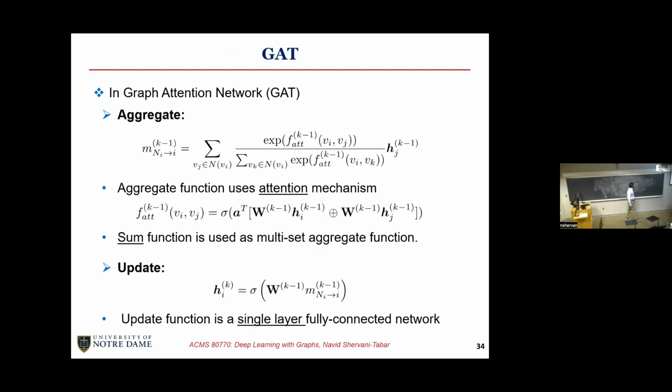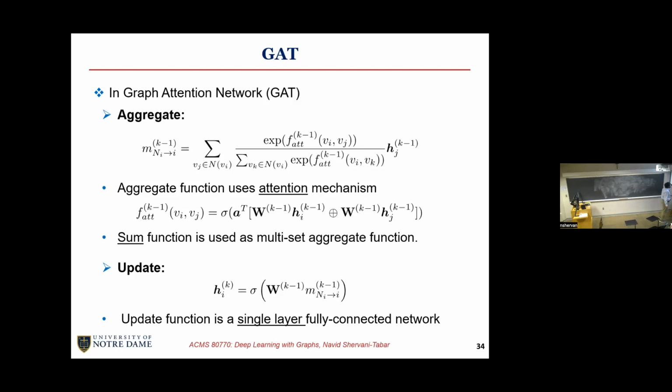Another method is the graph attention network, which introduced the idea of attention in graphs. So the idea is that not all neighbors of your node have the same importance. So it introduces some parameters in order to learn which nodes are important. So it introduces some directional bias when aggregating information from the neighborhood.